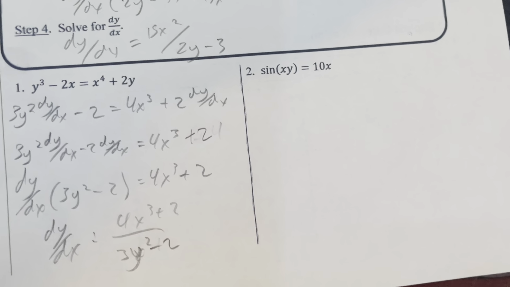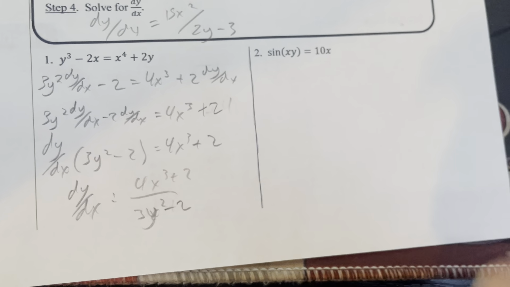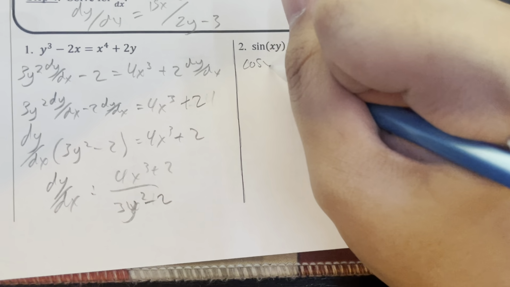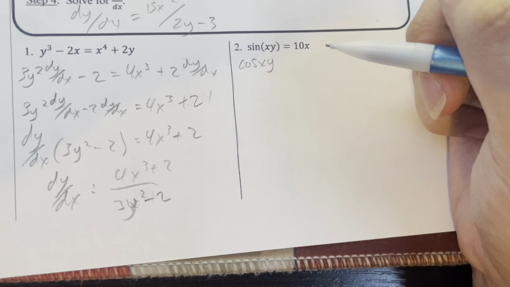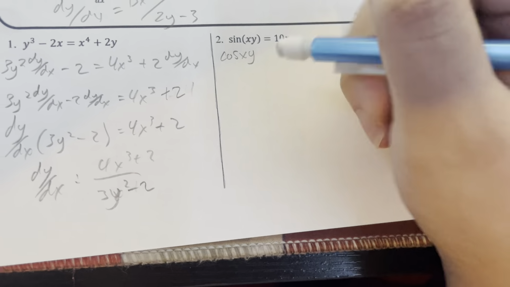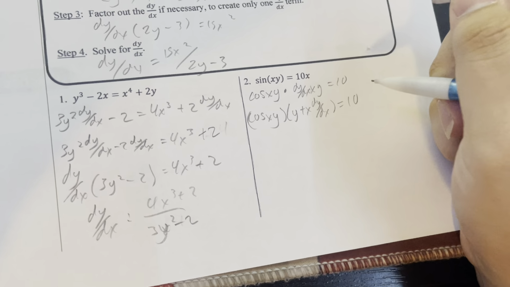Number 2, sine of xy equals 10x. Find the derivative. Right here you have to apply the chain rule. So this will be cosine of xy multiplied by the derivative of xy equals the derivative of 10x, which is 10. So this will become cosine xy multiplied by y plus x dy dx equals 10.